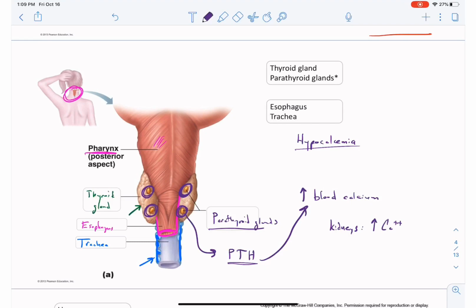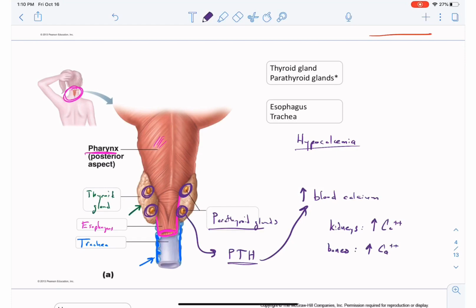Another thing it's going to do is it's going to act on the bones of the body. And the bones of the body have a pool of calcium and phosphorus that's there just for this reason, to help maintain blood calcium levels.